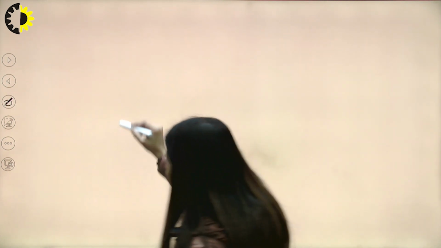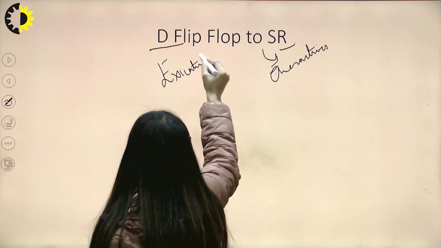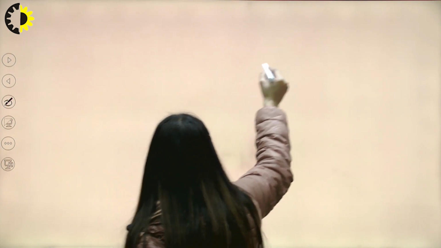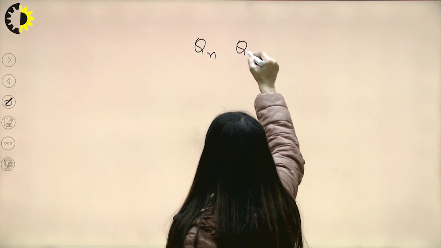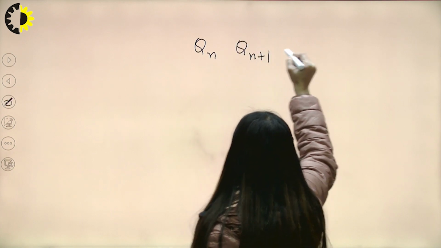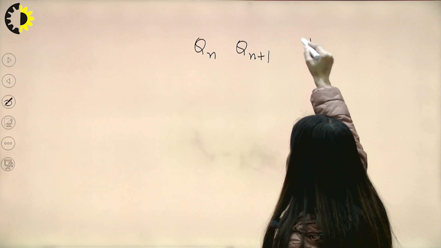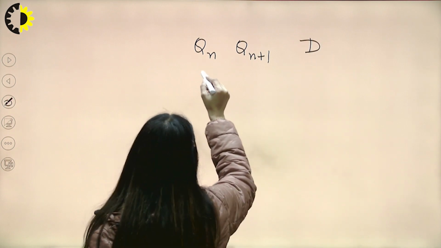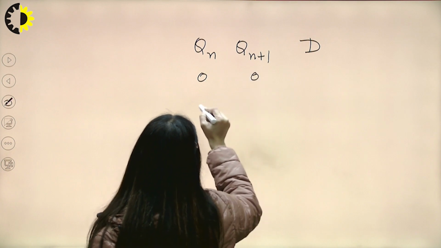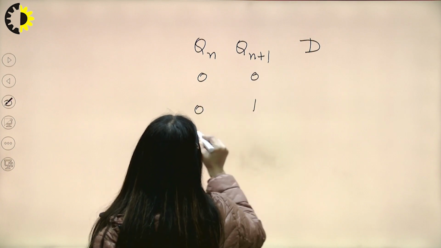So here let us write, we will start from D flip-flop, Qn, leave a gap.